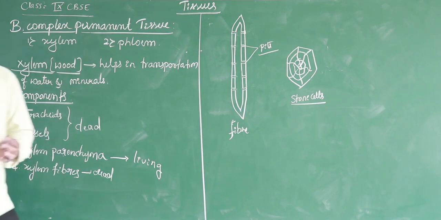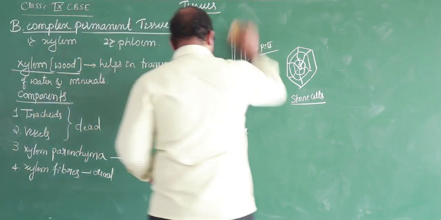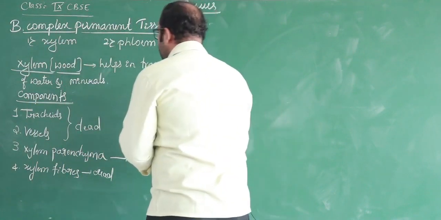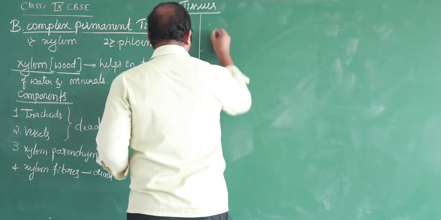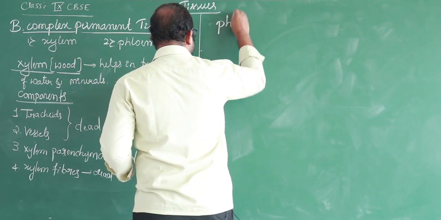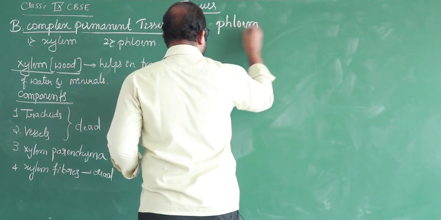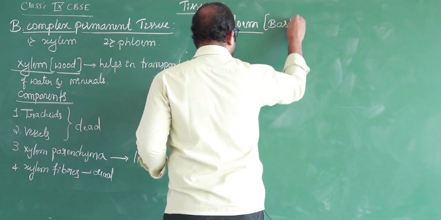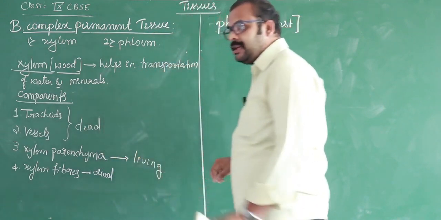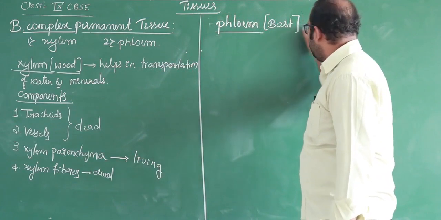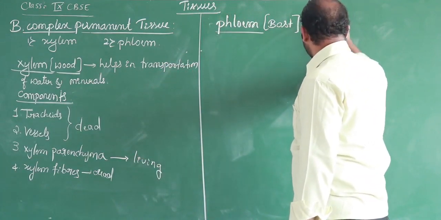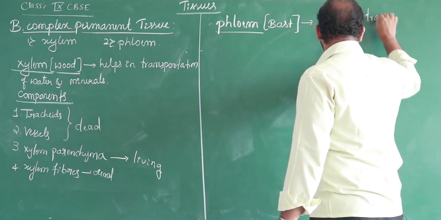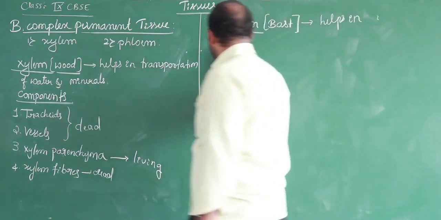So the next one is phloem. Phloem is also called bast. This phloem mainly helps in transportation of food substances.